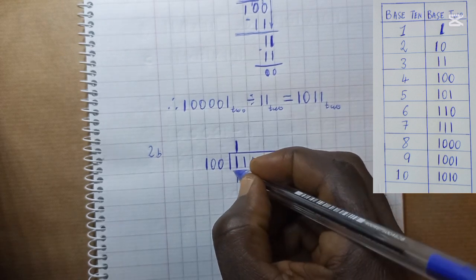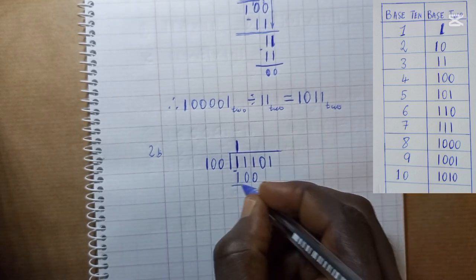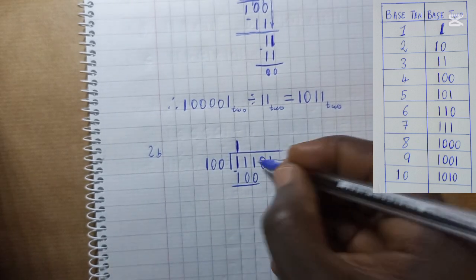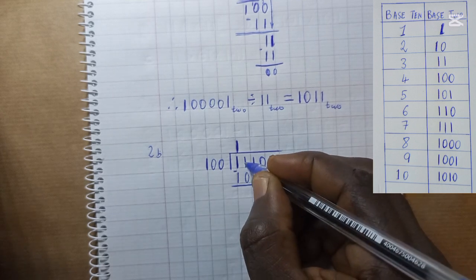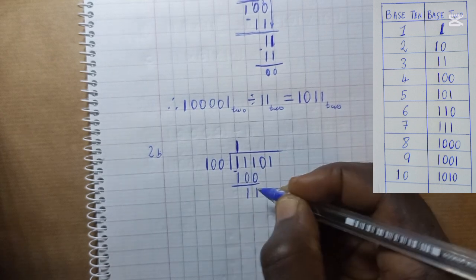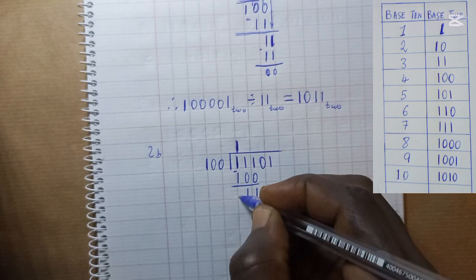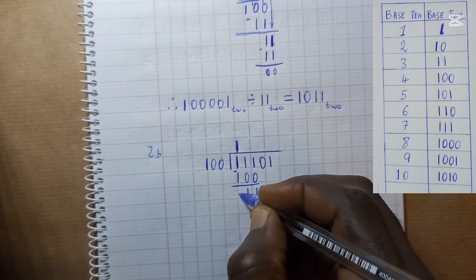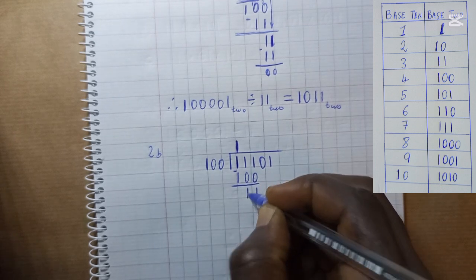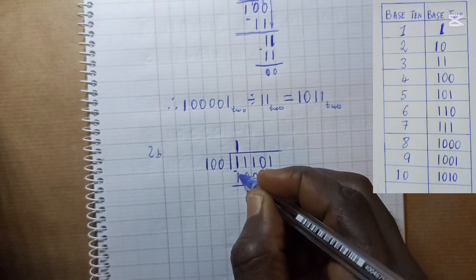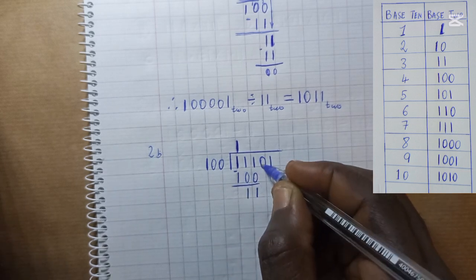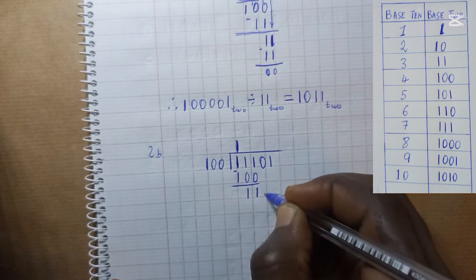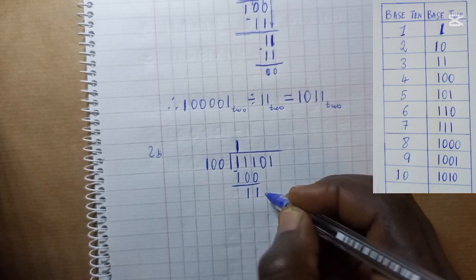Then the next step is to subtract. 1 minus 0, that is 1. 1 minus 1 is 0. So I don't want to write this 0 here, so that you will know which ones matter most. What I'm going to write here matters a lot more than what is behind.